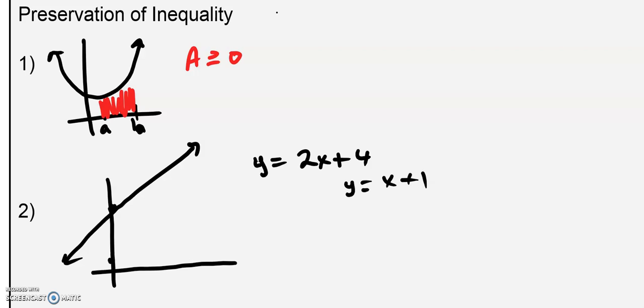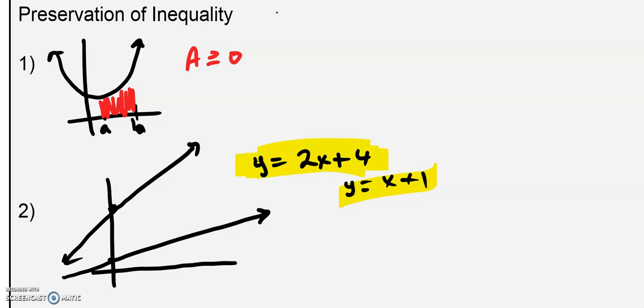Here's 1, and it's not going to be as steep of a slope. You would agree that this function is higher than this function, it's above that function. So that implies that the area of the higher function, 2x plus 4, is going to be greater than the area of the lower function, x plus 1.